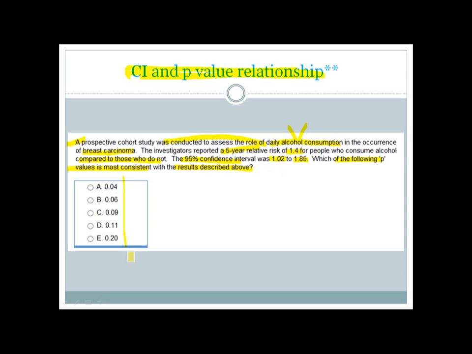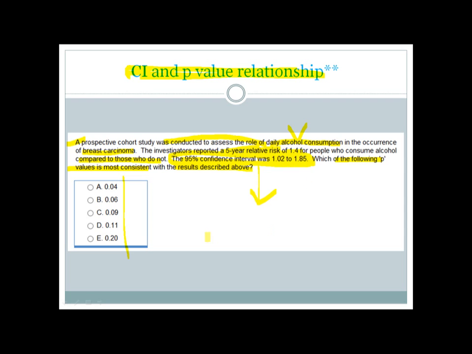So here we have multiple options. The most important thing to look at here is the confidence interval. So here the confidence interval is from 1.02 to 1.85. So the confidence interval is more than 1, and this confidence interval is for relative risk, and the relative risk is in between these values.